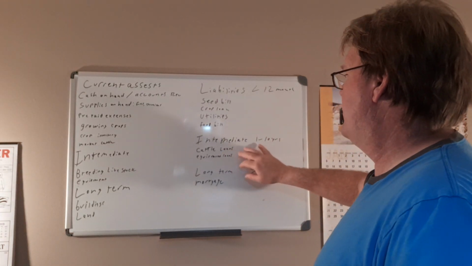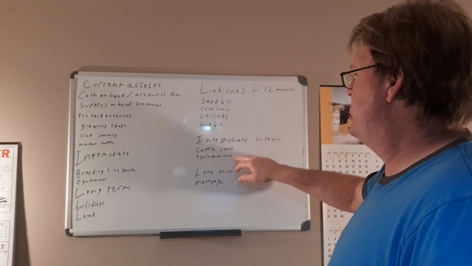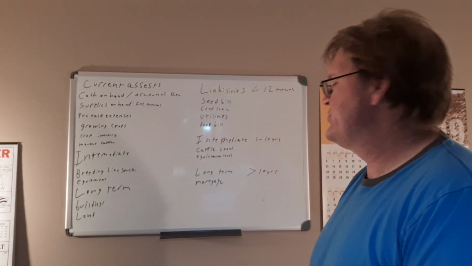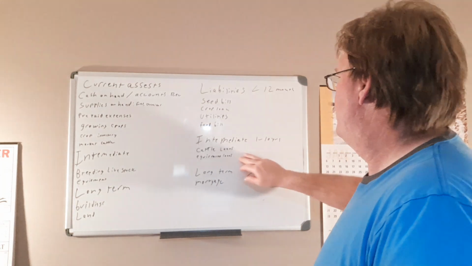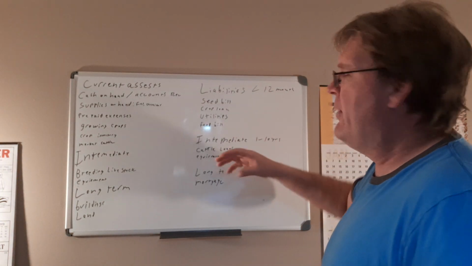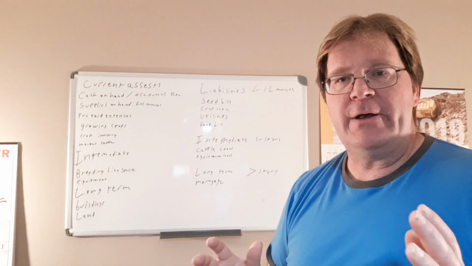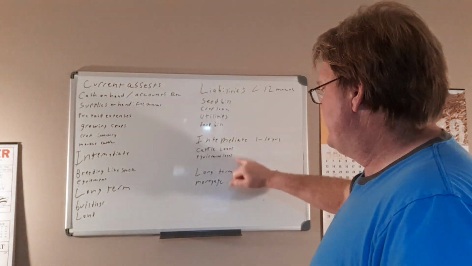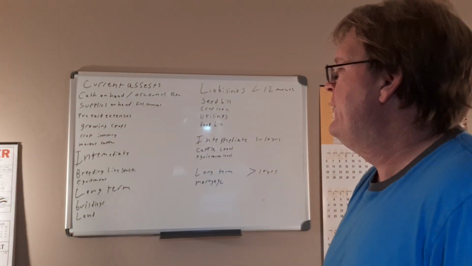Same with these cattle loans. If you owe $5,000 a year on your cows and $50,000 a year on all your equipment, they're going to move these numbers up here as well for that 12-month snapshot of what these loans are.